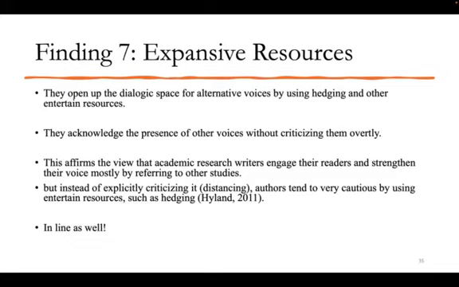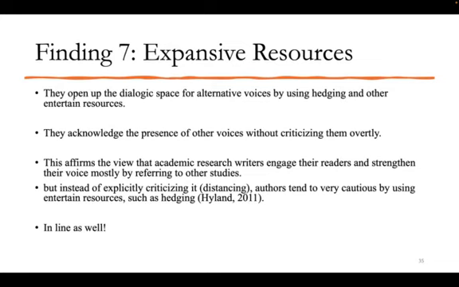But they avoid explicitly criticizing other voices, which is the use of distance in here. So they are very cautious by using entertain resources such as hedging or acknowledging the author or the viewpoint or by whom it was mentioned before.